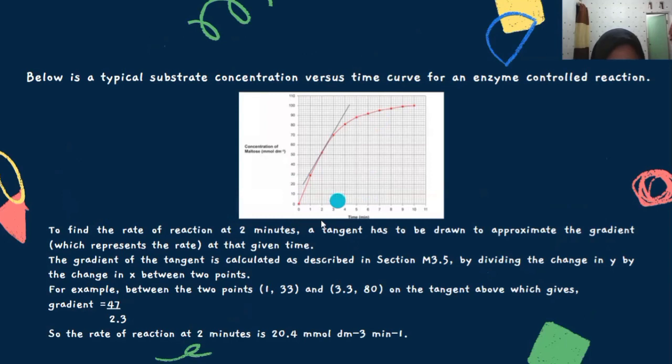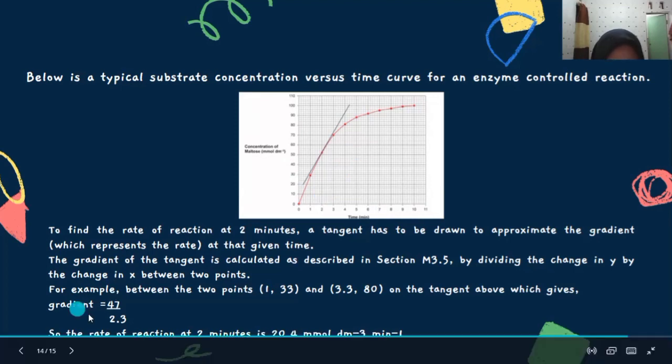For example, between the 2 points 1.33 and 3.80 on the tangent above, the given gradient is 47 divided by 2.3, which is 20.4.